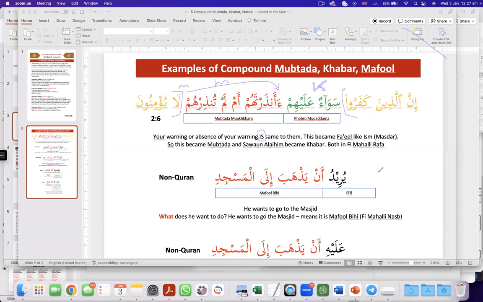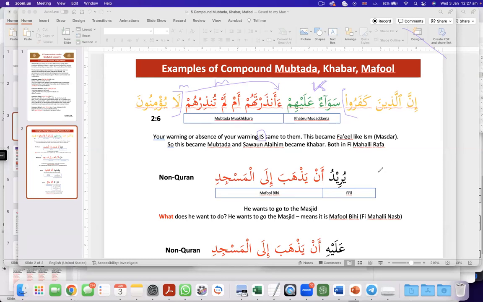An yadhhaba ilal masjidi. Now you haven't got this lesson yet. Module 1 doesn't cover that. An masdariya. But anyway, the meaning here, everyone, is that an yadhhaba means to go. I wouldn't explain more because many students here are straight from module 1.